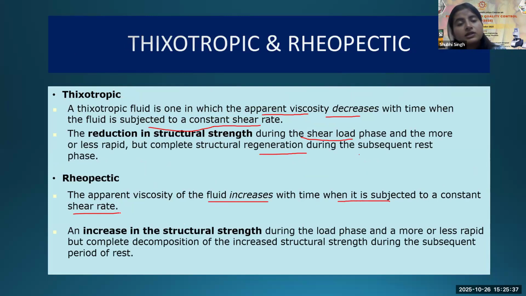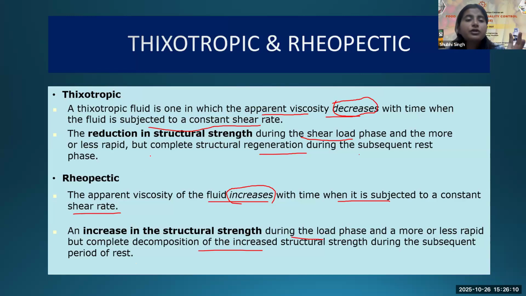So in thixotropic fluids the viscosity decreases with time, whereas in rheopectic fluids the apparent viscosity increases with time when subjected to a constant shear rate. There is an increase in structural strength during the load phase, and a more or less rapid but complete decomposition of the increased structural strength during the subsequent period of rest.